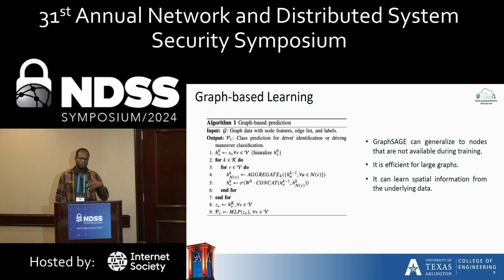You can go maybe 1 hop or 2 hops, but we went 2 hops in our architecture, and then it concatenates this with its own features, multiplies it with some weight, and goes through some non-linearity. Then we use the produced embeddings and feed them into a multi-layer perceptron for the downstream classification task. And this is used either for driver profiling or for risky maneuver classification.